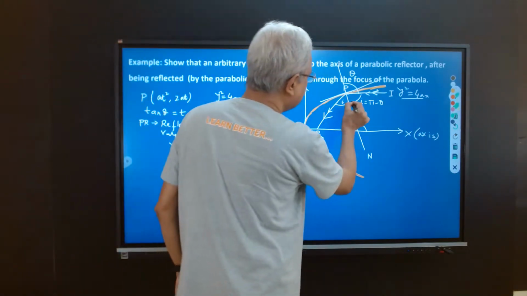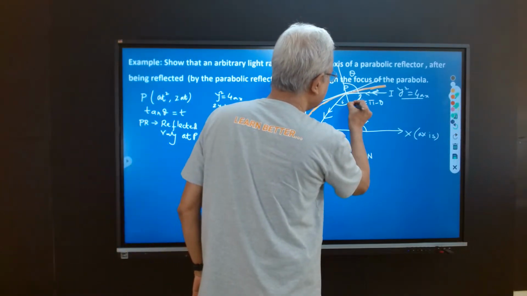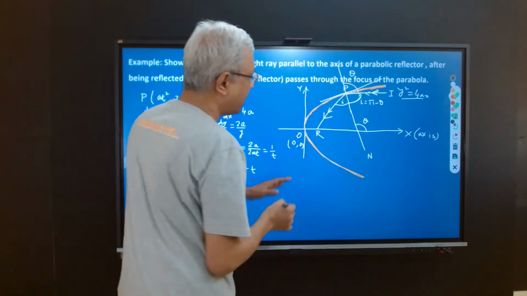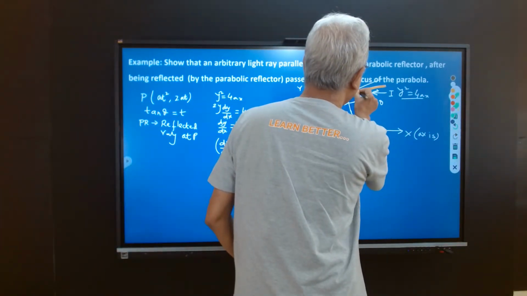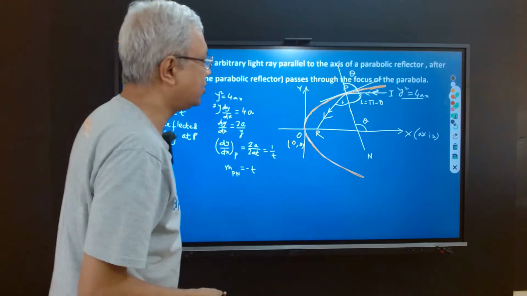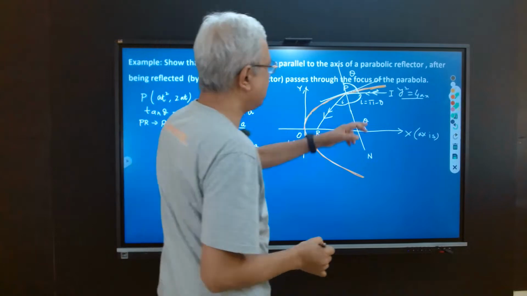Now this angle is theta, and this angle is I, because this is the angle of incidence. I is nothing but pi minus theta, because the normal is theta. So this angle is also I, which is pi minus theta.